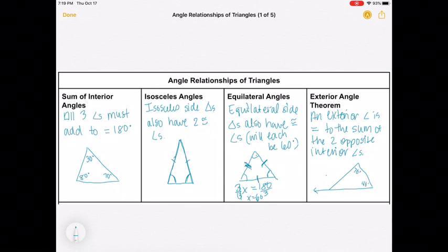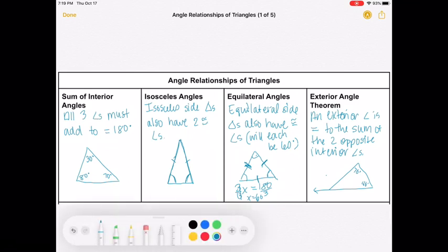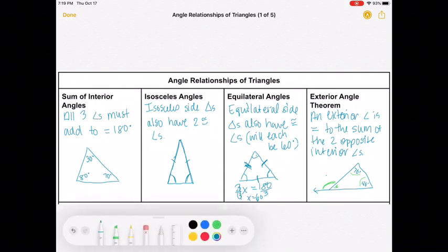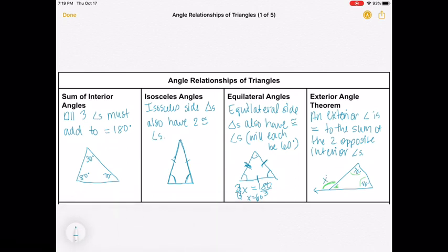Okay, this angle right here is going to be equal to the sum of 70 and 40. I cannot use this angle here. That would not work. Okay, so I'm going to make this x. So I know 70 plus 40 is going to equal x. So x equals 110 degrees. Okay.